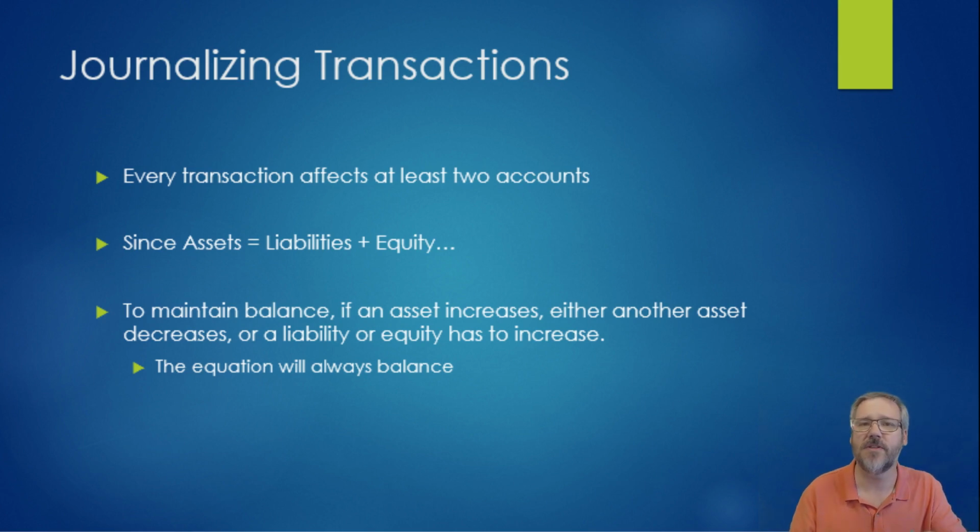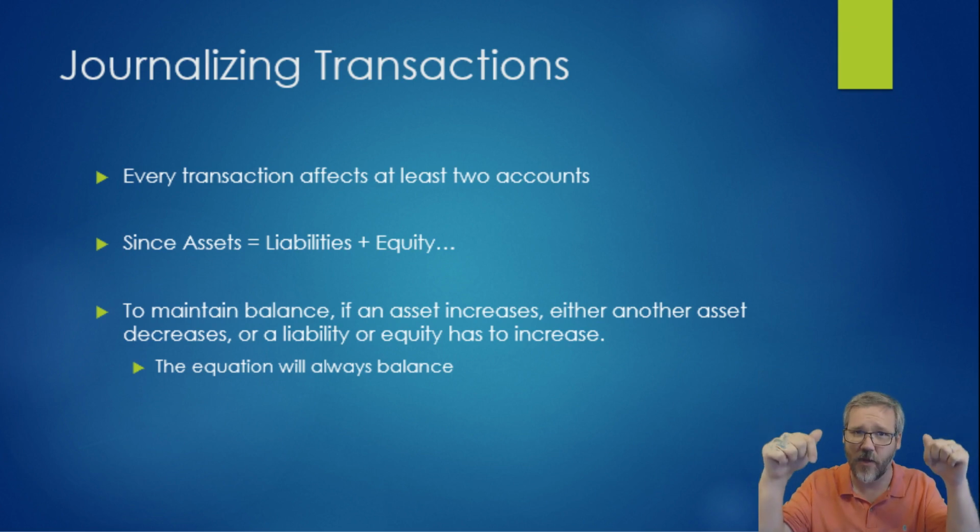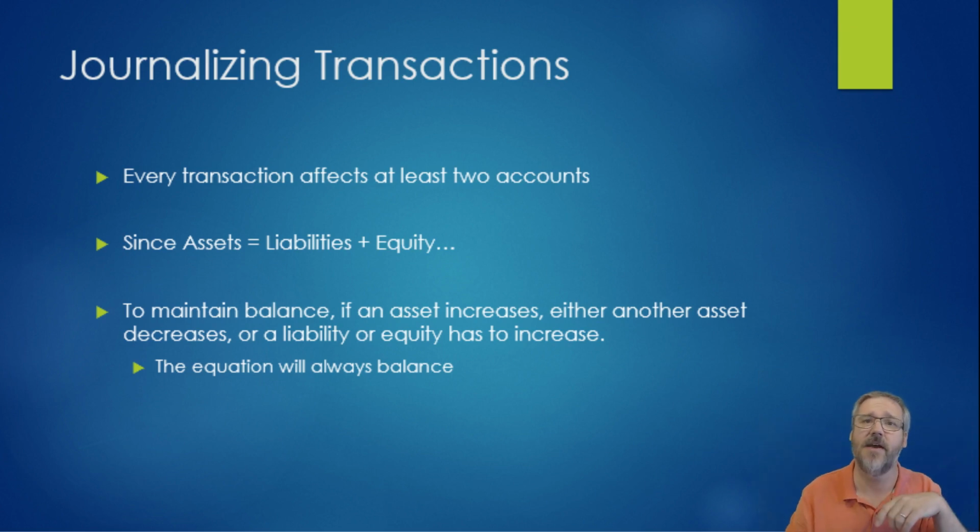So we're always going to affect at least two accounts, and this is what is going to allow my accounting system to balance. Remember, assets have to always equal liabilities plus equities. If something on this side of the equal sign goes up, something on this side of the equal sign has to go up. Likewise for down. If the assets go down, a liability or an equity has to go down as well.